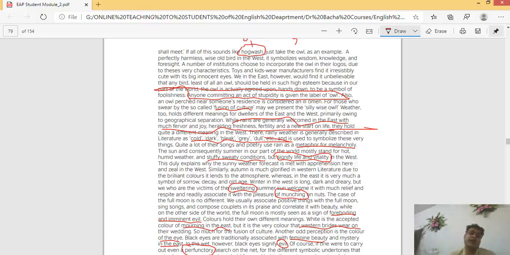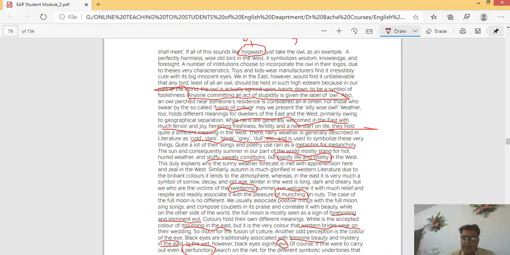But the similar bird is not considered a wise bird in the east. Here in the east, it is considered a symbol of foolishness. When you mean somebody to be a fool, we call him, her, the ullu. You are ullu, or sometimes we say ullu ke patthe, meaning you are a stupid person.